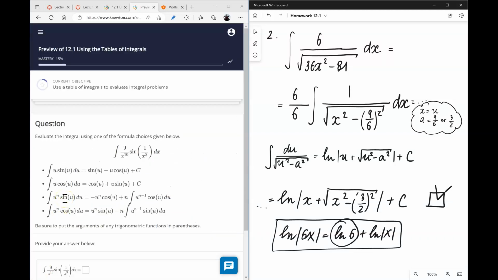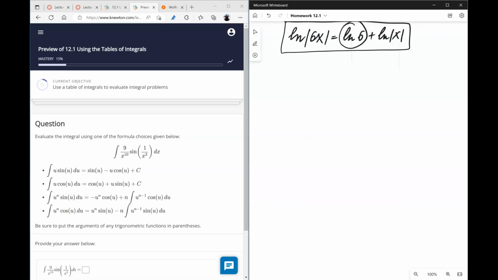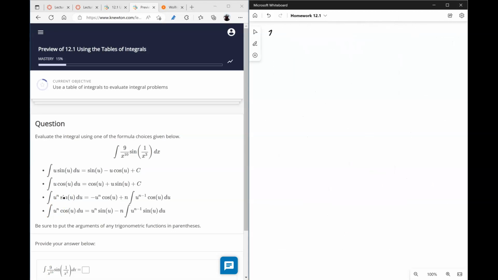Here's the next question, and let's see what we can do here. In order for us to be able to do something, we have to have a variable inside of sine instead of some function.